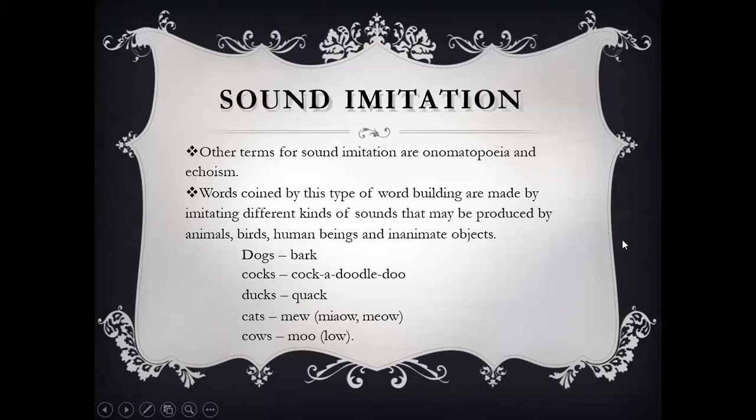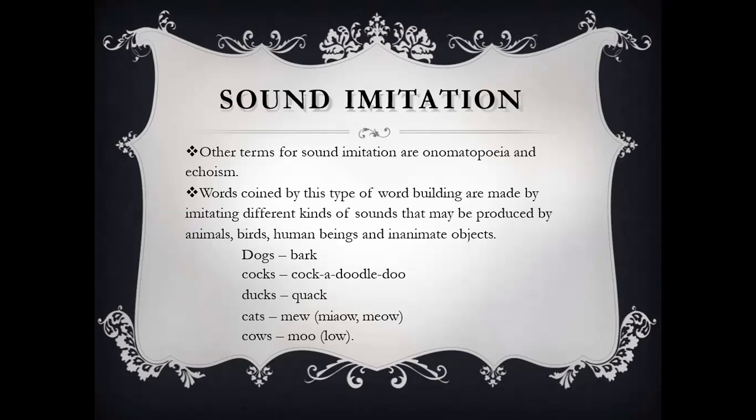So sound imitation. There are two more terms for sound imitation: onomatopoeia and echoism. Onomatopoeia is also a stylistic device. This will be in your stylistic subject.